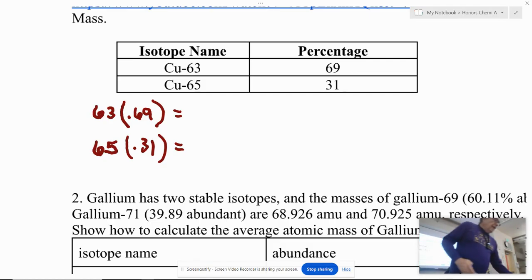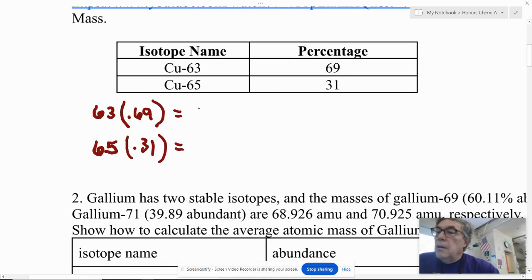So, 63 times 0.69. The mass times the relative abundance. And I'm going to write my work down at this point.